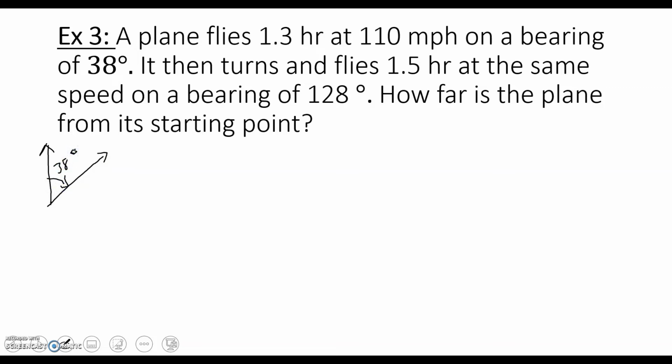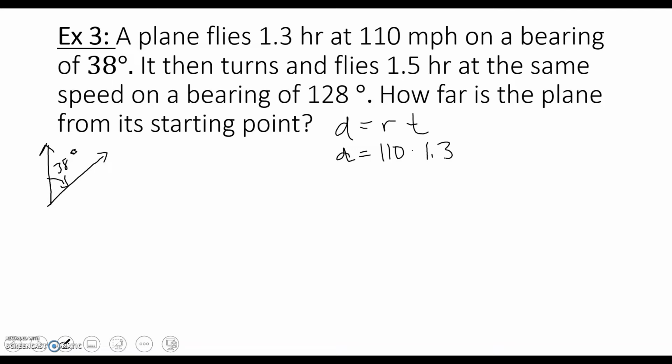Now, one of the things we have to use here is the old formula, distance equals rate times time. That will give us the distance that the plane has flown. It tells us that the plane flew for 1.3 hours at 110 miles per hour. So the rate is 110 miles per hour and the time is 1.3 hours.